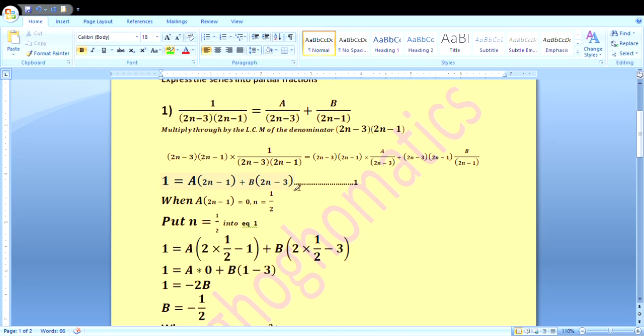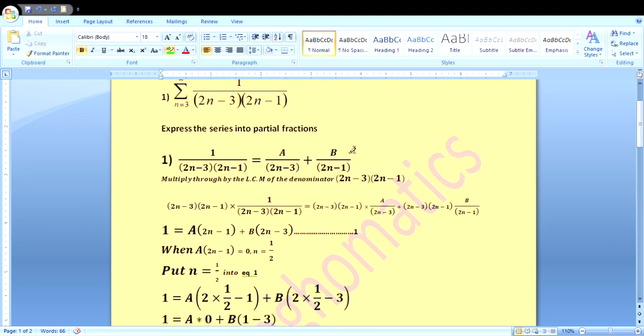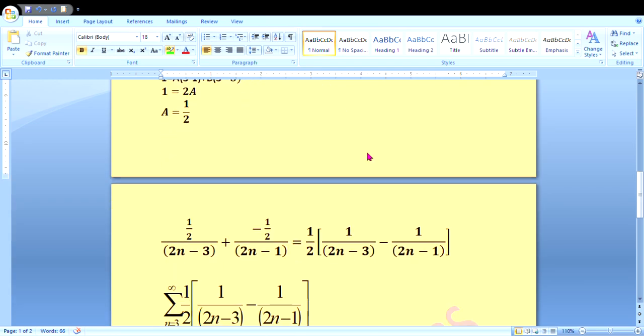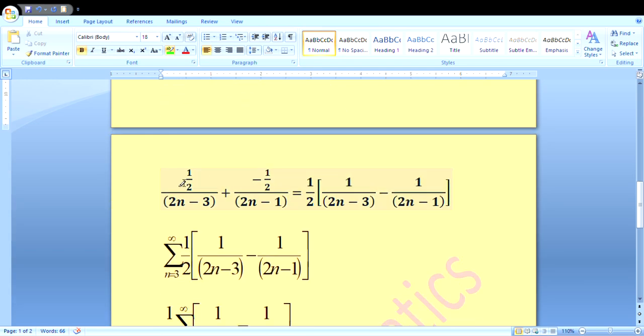We substitute this into the right hand side of this expression, and this becomes half over 2n minus 3 plus minus half over 2n minus 1. So if you notice, half is a common factor here, so we factor half out and this becomes half into 1 over 2n minus 3.